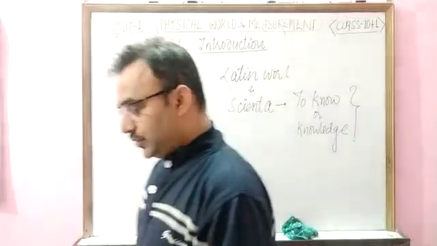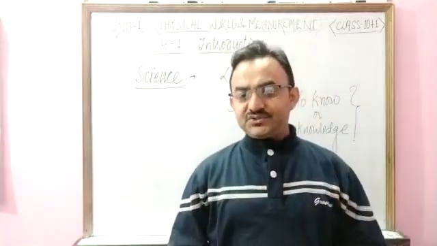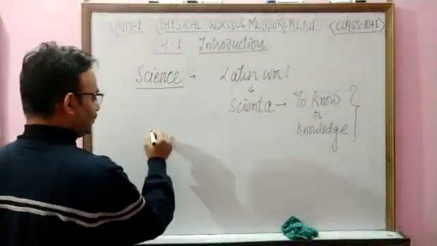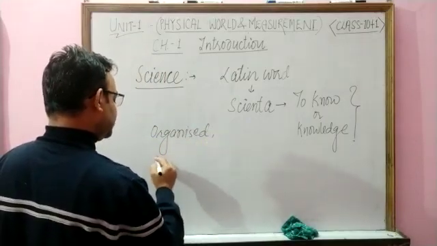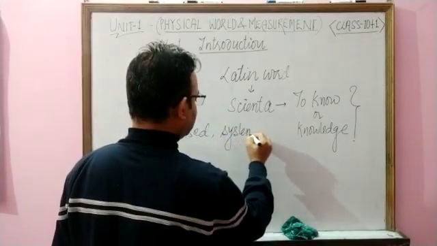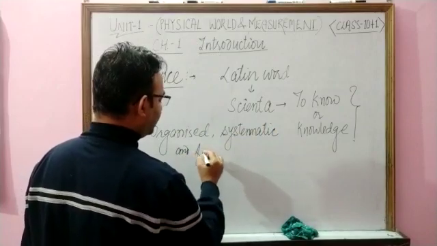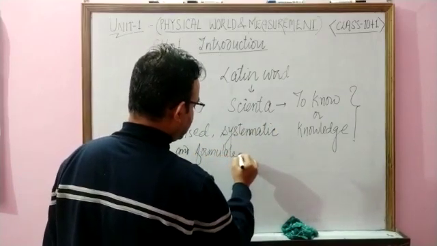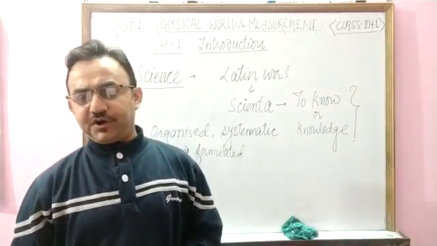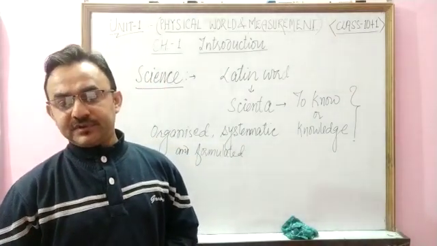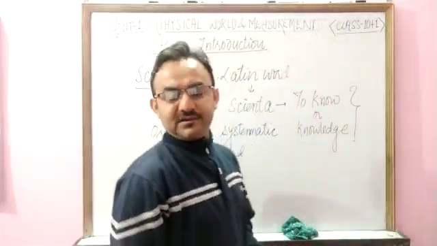So you may write or you can define: science is an organized, systematic and formulated knowledge obtained through observations, experiments and verifications.